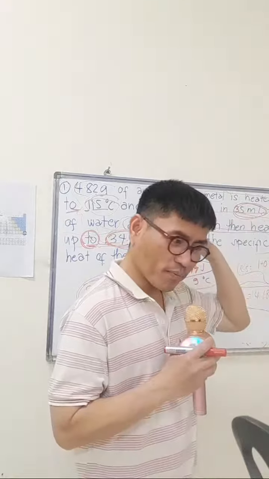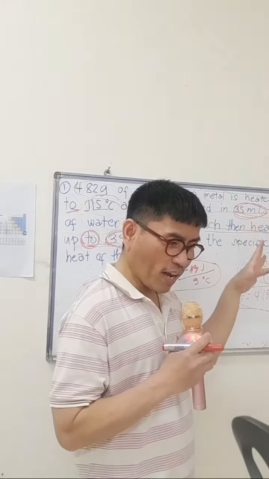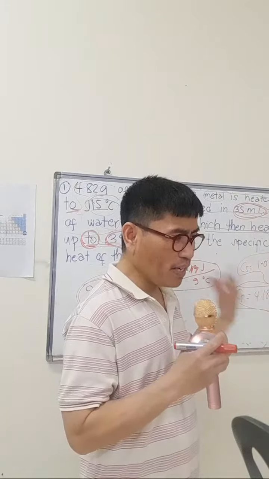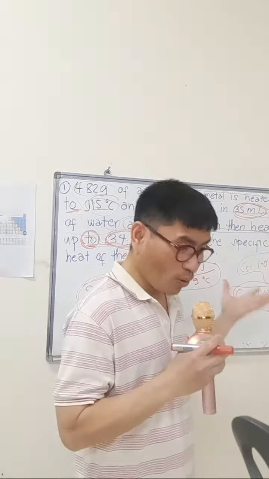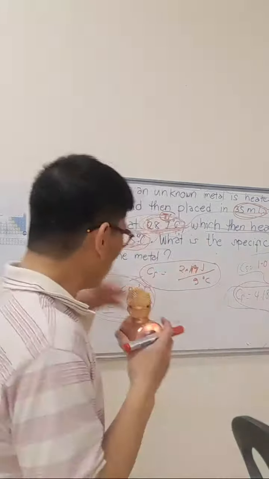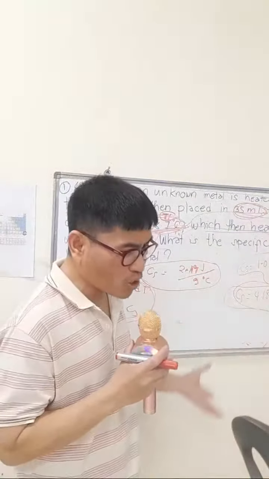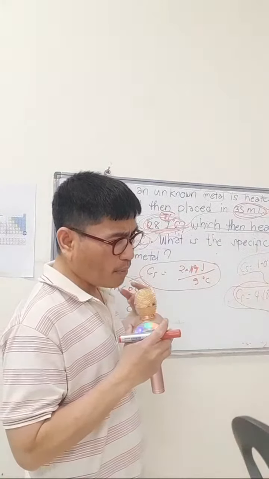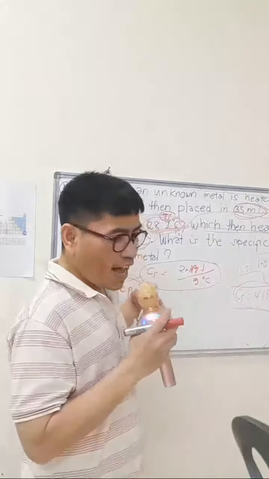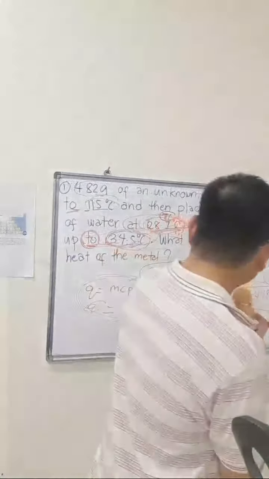But for the metal, at lower than 100 degrees Celsius, it will be heated and it will be melted. So it will require only a lower temperature for the metal to melt, or to have a specific capacity like this.